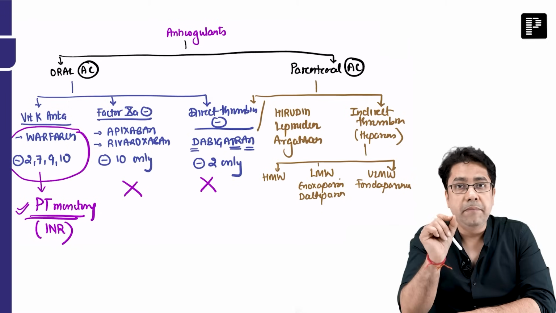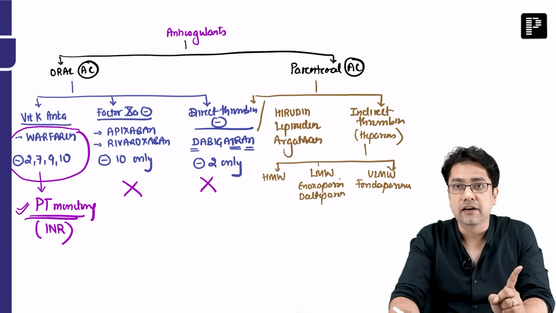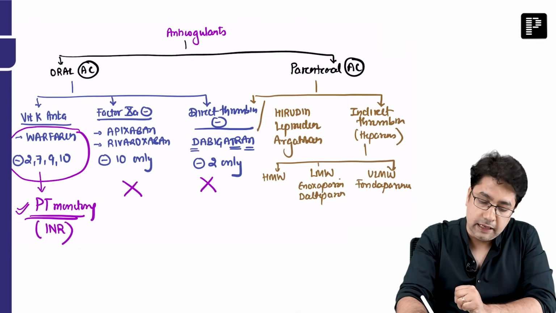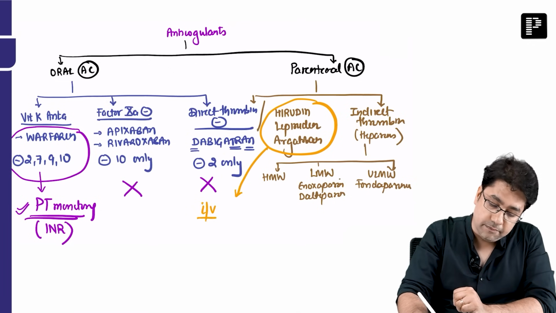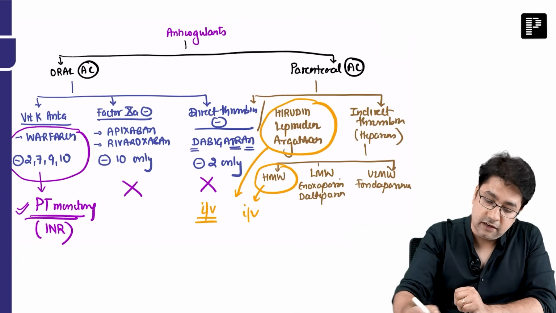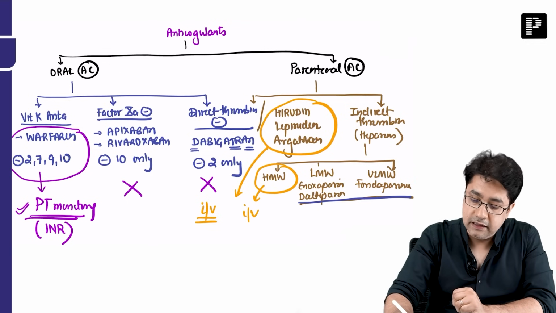Now among parenteral anticoagulant drugs, any drug which is an IV drug requires monitoring. So lepirudin, hirudin, they are IV drugs. High molecular weight heparin is an IV drug. While all the rest, like low molecular weight heparin and ultra low molecular weight heparin, are subcutaneous injections. They do not require monitoring.